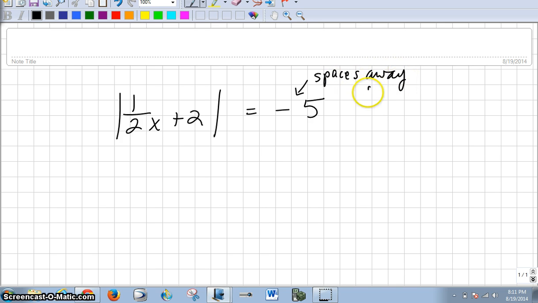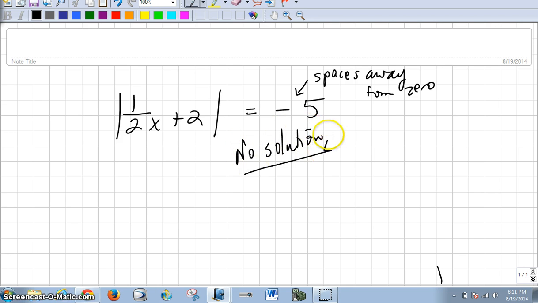It says the absolute value of something is equal to negative 5. Well, how can we be negative 5 spaces away from 0? How can the absolute value of something ever be negative? It can't. So if we come across this, it's kind of like a trick. We would want to say no solution, because there's no way that the absolute value could ever be negative.